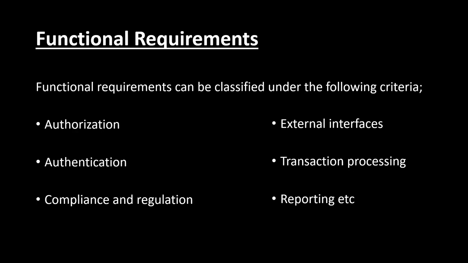That is what we call an authorization functionality or authorization functional requirements. So any requirements that would need the user to authorize, to approve, to give the approval for an event or for a task to be performed on their behalf is what we call authorization requirements or functional requirements that relate to authorization.